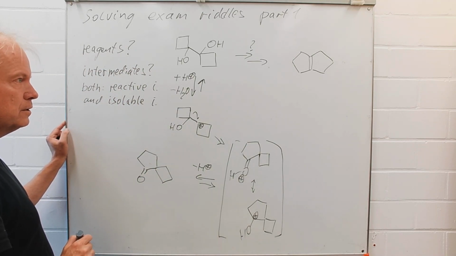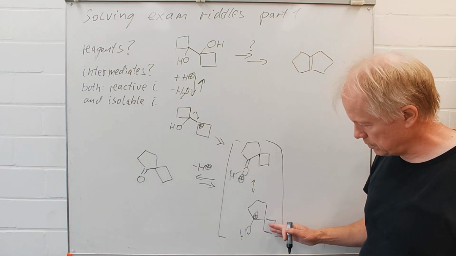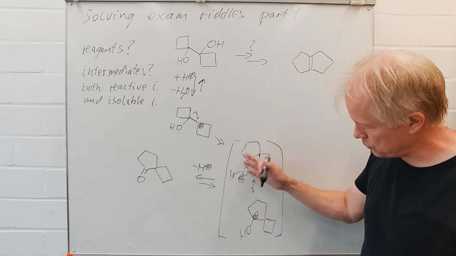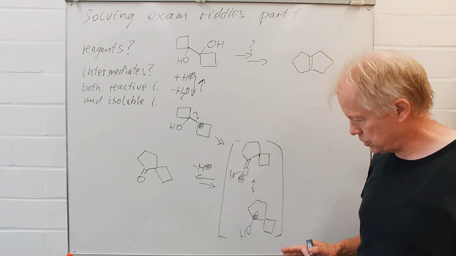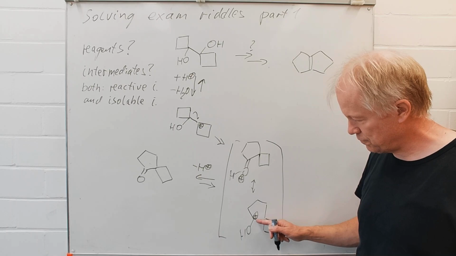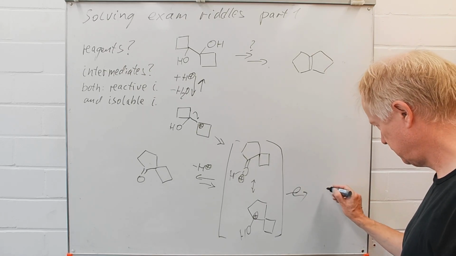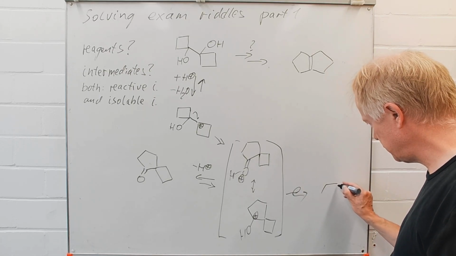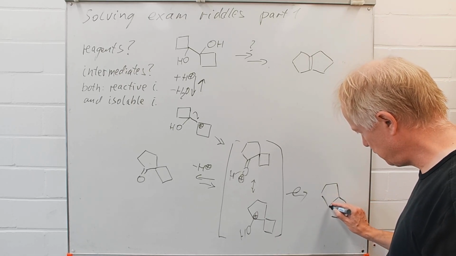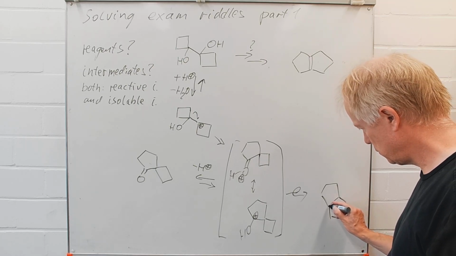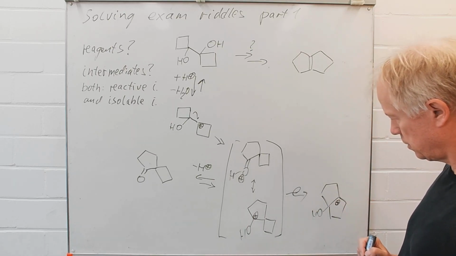On the other hand, we should, of course, have the idea that also here a second rearrangement step could take place to this cation. So, a Wagner-Meerwein type rearrangement, already forming the annulated two 5-membered rings with the carbocation here.